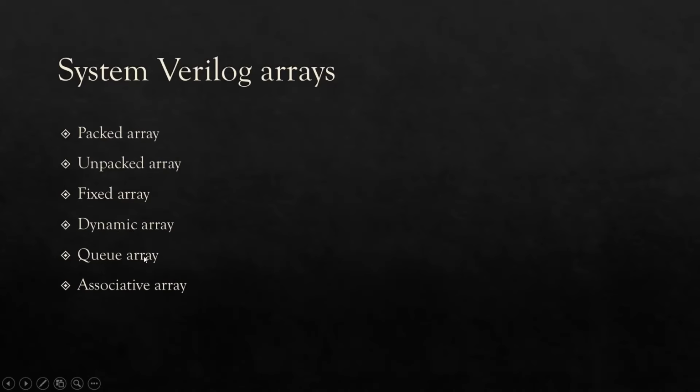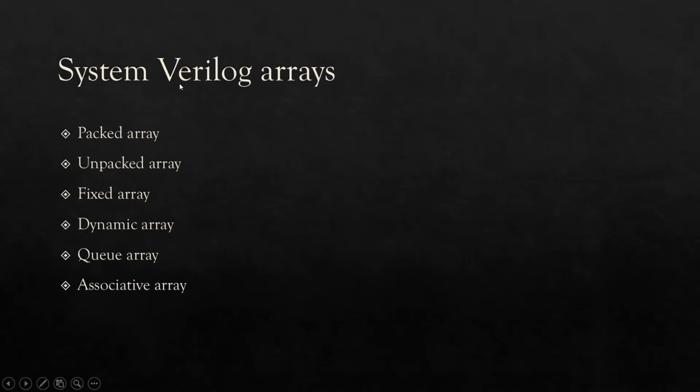And queue array, you don't have any size for queue array. If I push 8 values, then queue array size will be 8. If I push another 8 values, the queue array size will increase from 8 to 16. And associative arrays, we can store any value in any location. So these are the various arrays we have in SystemVerilog.